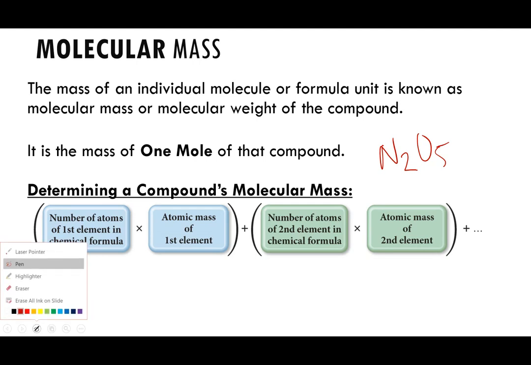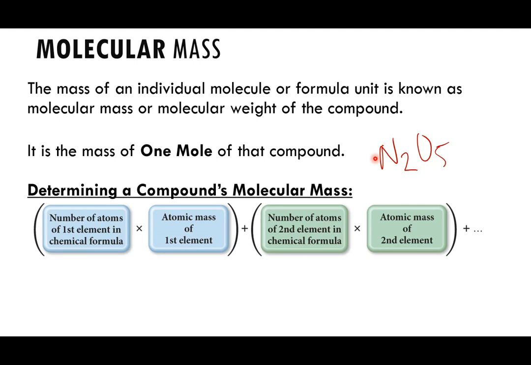You're going to take the number of atoms in the first element, so that would be 2 in this case, times the atomic mass of the first element. So you would go to your periodic table, look up the atomic mass of nitrogen, and multiply that by 2.